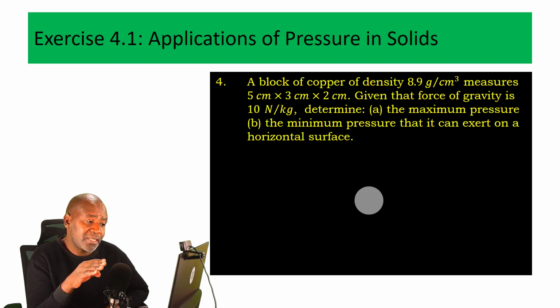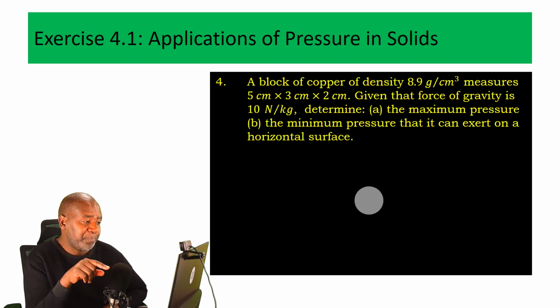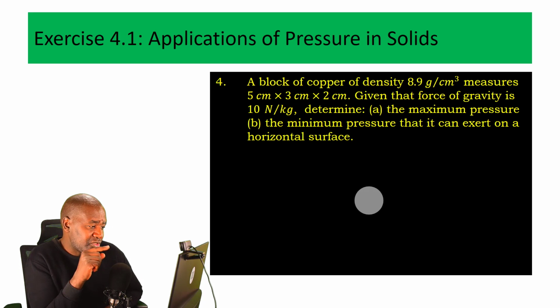And then we are asked to calculate the maximum pressure and the minimum pressure that it can exert on a horizontal surface. Remember, maximum pressure is exerted when the area is smallest. So between 5 times 3, 5 times 2, and 3 times 2, which one of these combinations gives you the smallest area? Of course, it is 3 times 2.